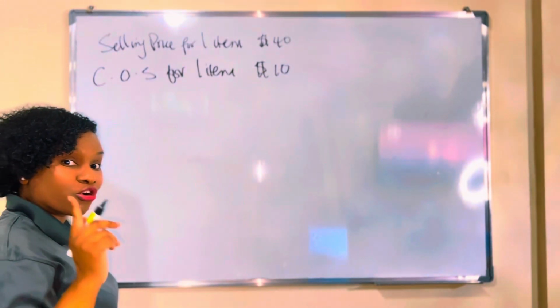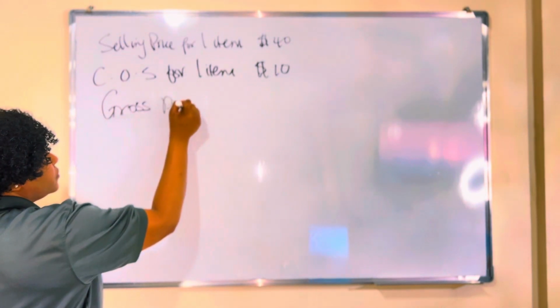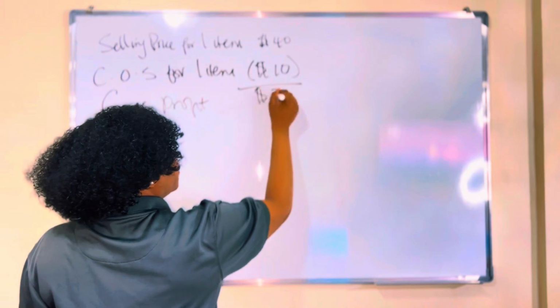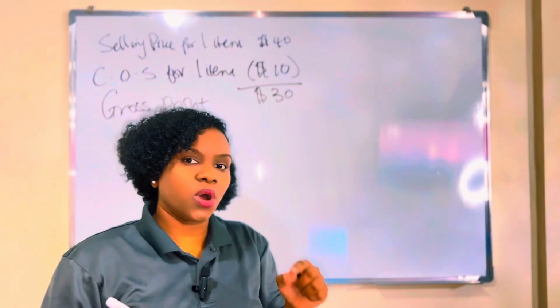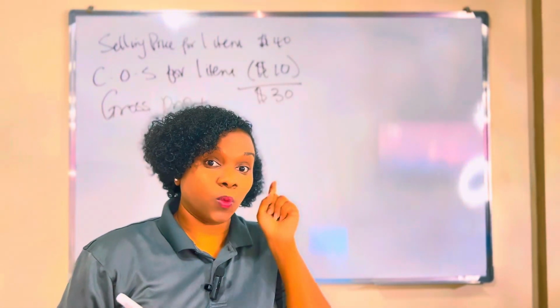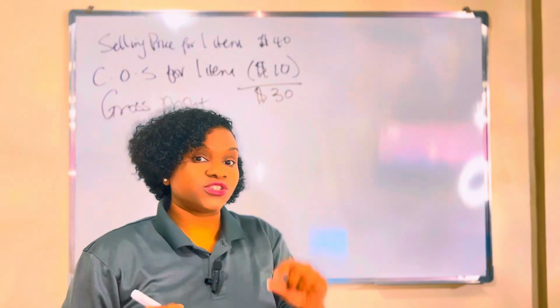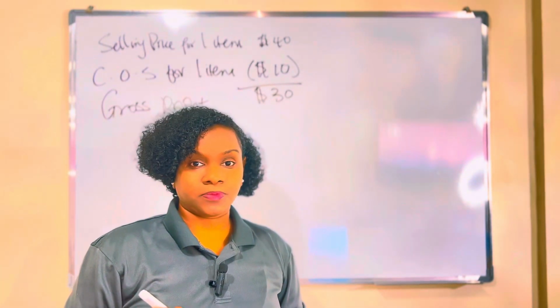So then your gross profit is $30. Your gross profit tells you how profitable that one item is.